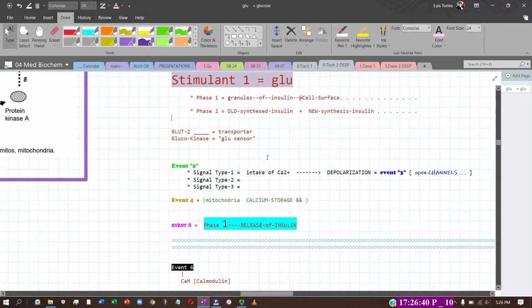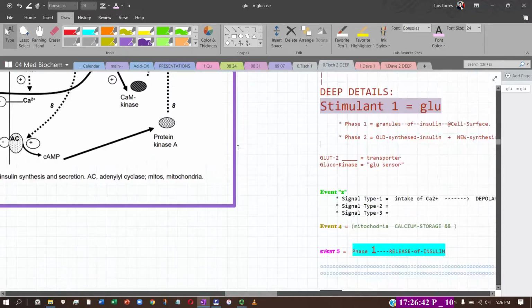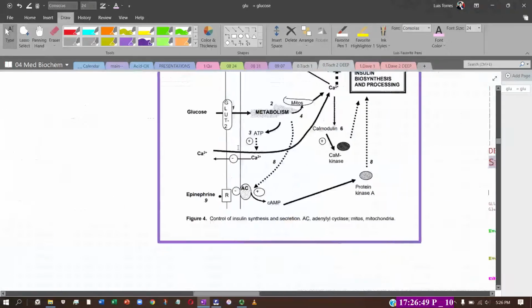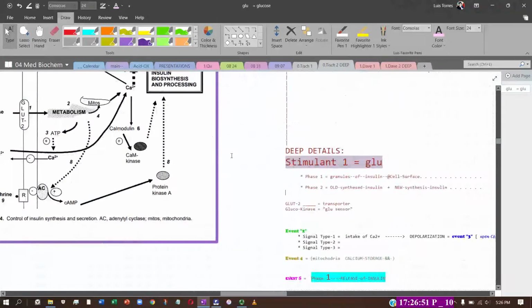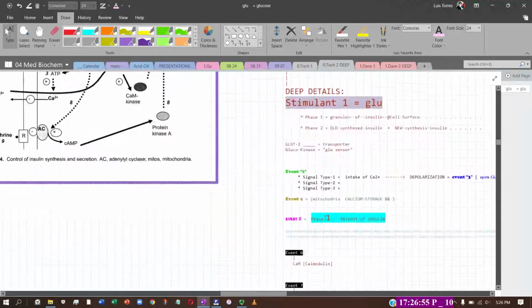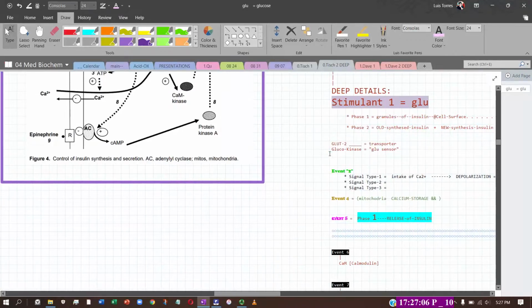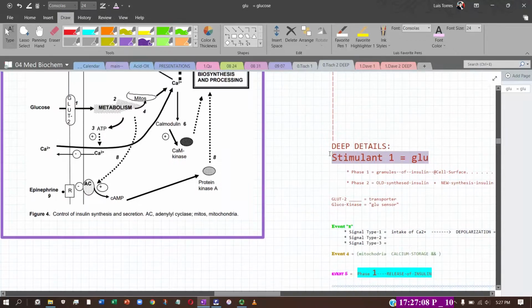Moving on, there is a protein molecule named GLUT2, and it will be important to keep track of because there's also GLUT4. What is the difference? Hopefully we'll address that in the near future. Anyway, GLUT2 is a transporter, and glucokinase is a glucose sensor.